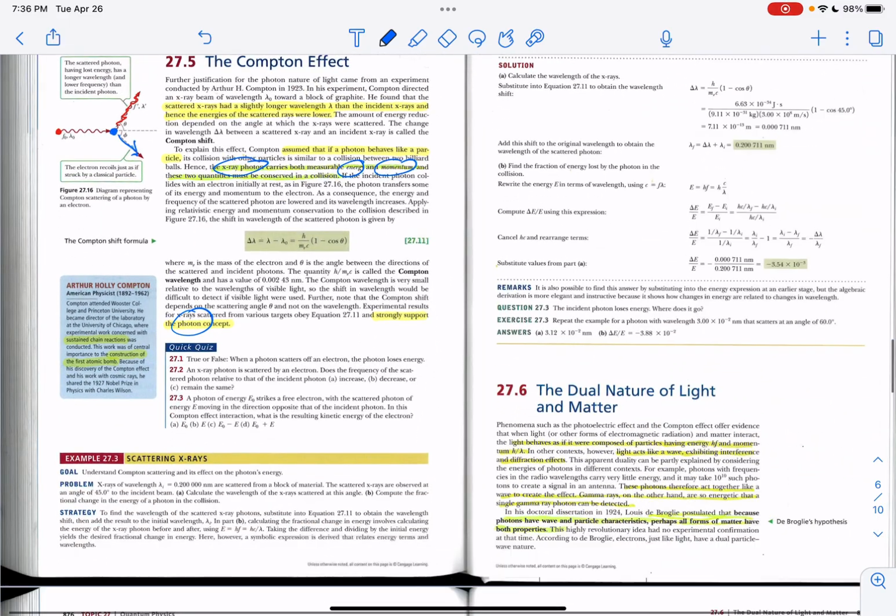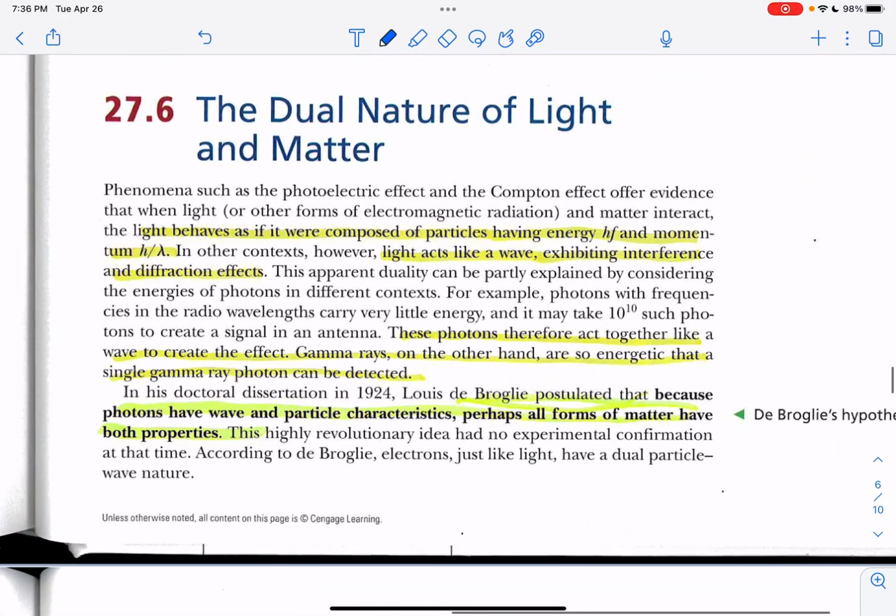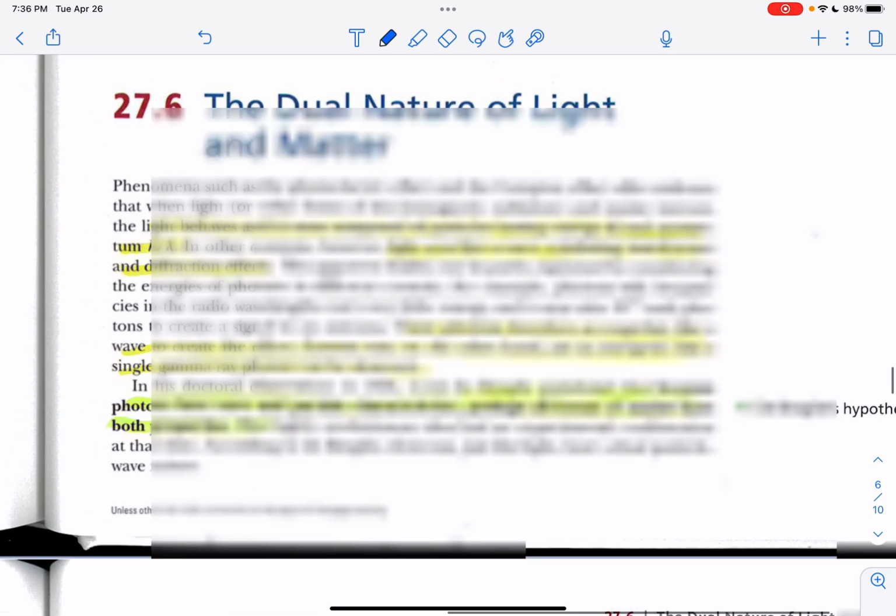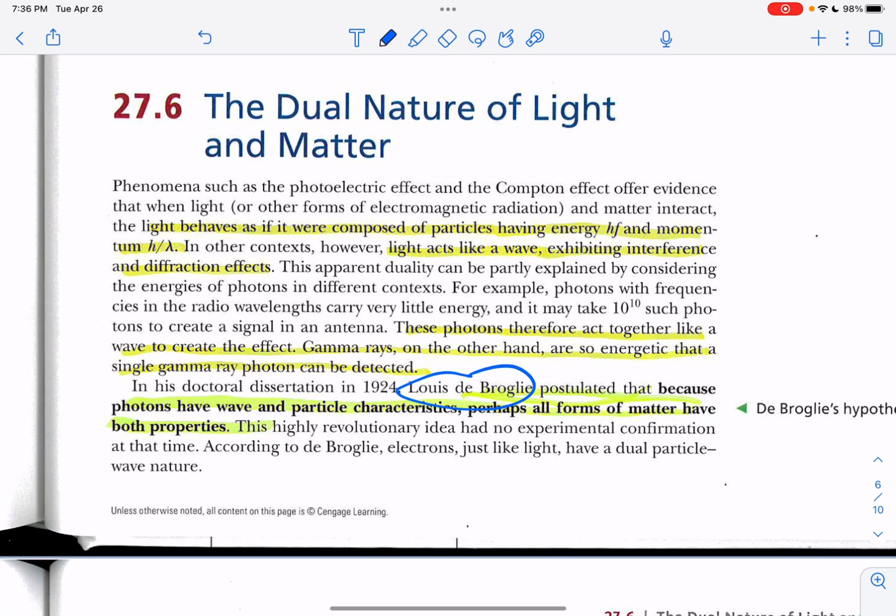Now, we move on a little bit farther, and another scientist, Louis de Broglie, in his doctoral dissertation, which hopefully some of you are going to be doing in, let's say, 5 or 6 or 7 years, perhaps, had the idea that if photons have wave and particle characteristics, maybe matter also has wave and particle characteristics.